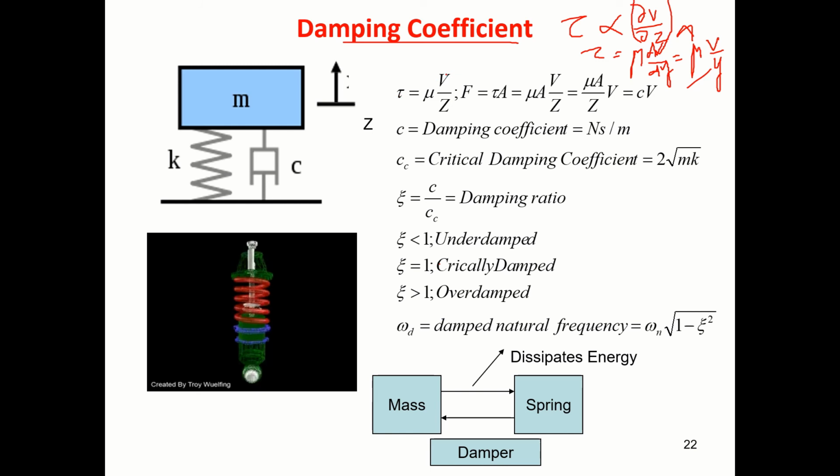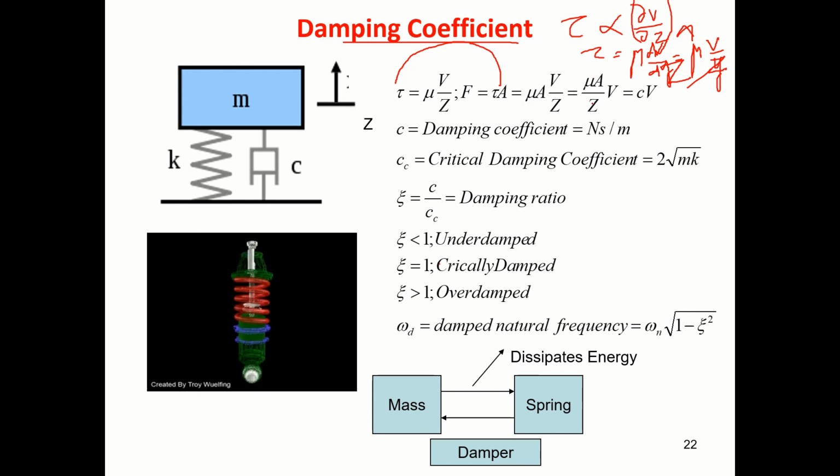So tau is equal to mu v by, sorry, here I have written y, remove that, replace it with z, the vertical direction, v z. If I multiply shear stress with shear area, it becomes force: shear stress into area, that is mu A v by z.